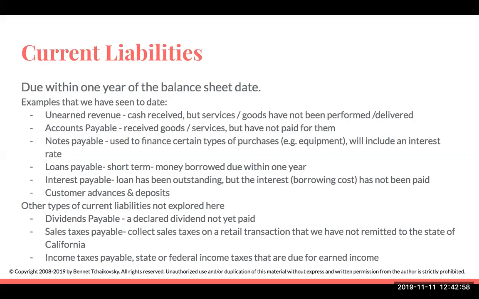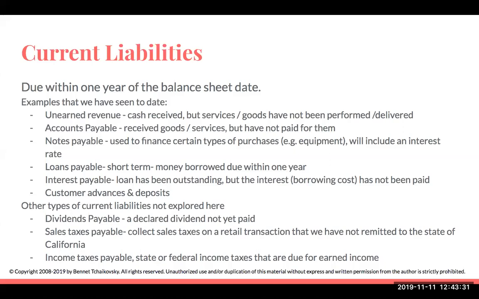Sales taxes payable. This is how we help our state of California. If I am a retailer selling a vehicle, I'm going to record that vehicle sale. I'm going to debit cash, and I'm going to credit sales revenue. Also, included in that cash is that I, as the dealer, have to collect the sales taxes relating to that sale.